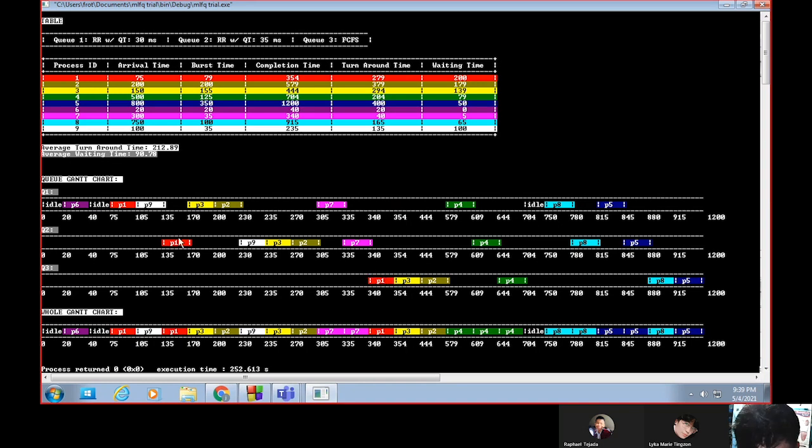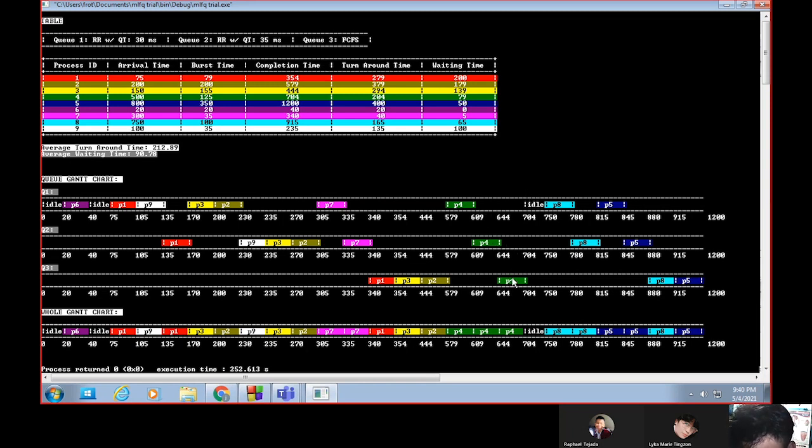So here, P1 goes down to Q3 at time 170, and it is done at time 340 because Q2 and Q1 still have processes left and are prioritized because of their higher priority. Here, P4 is done in Q1 and then in Q2, since no process arrives at time 609. There's no process left in Q1, so Q2 is checked and P4 is there.